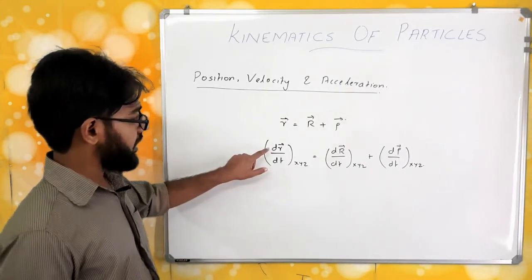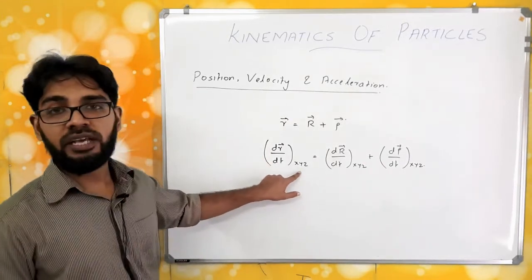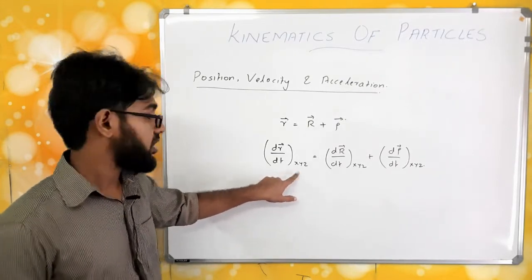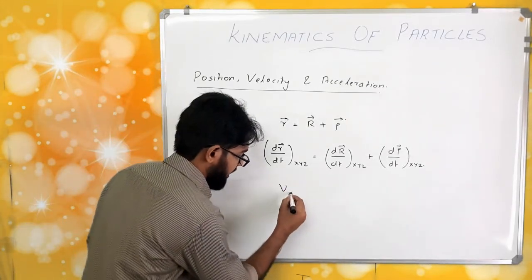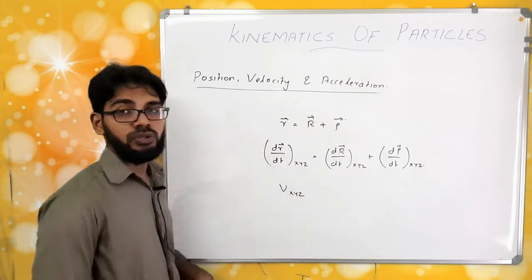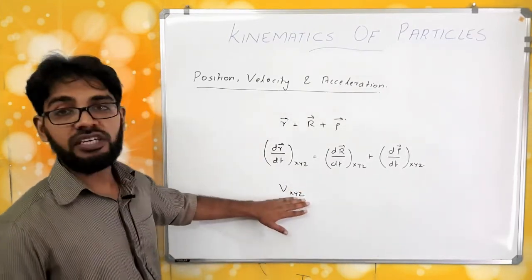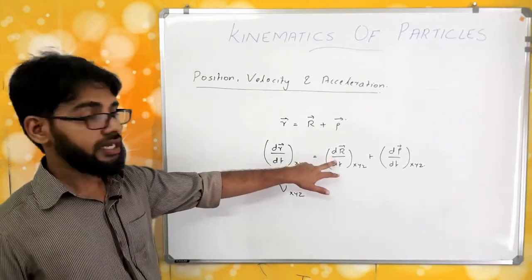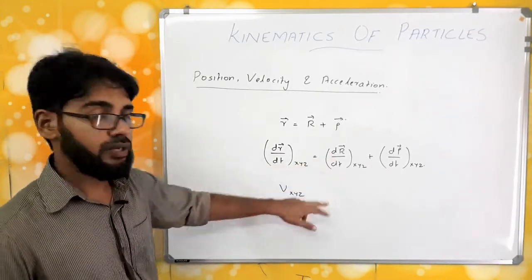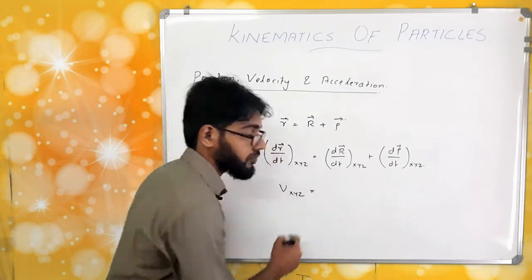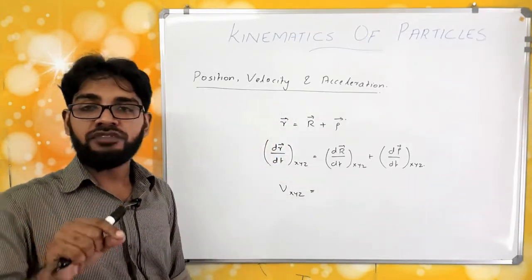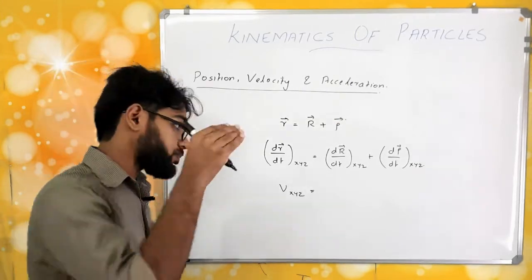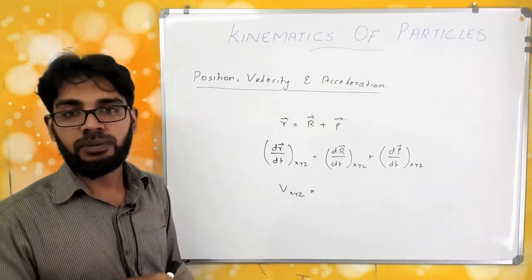Now, here dr by dt with respect to capital X, Y, Z represents the velocity vector v capital XYZ with reference to the fixed reference frame capital X, Y, Z. Now, d capital R by dt indicates the rate of change of the translating reference frame with respect to the fixed reference frame.